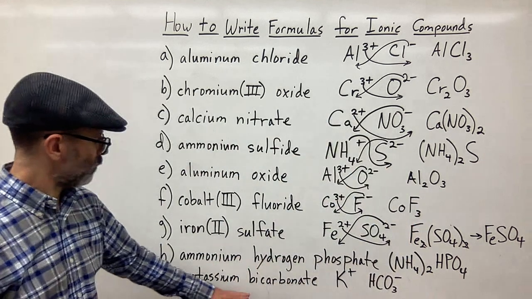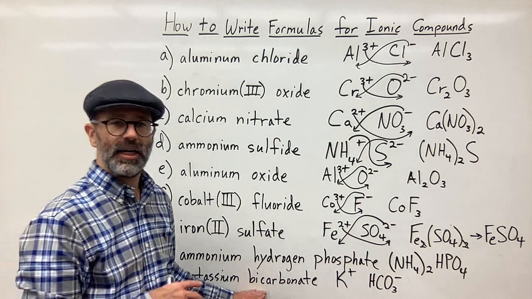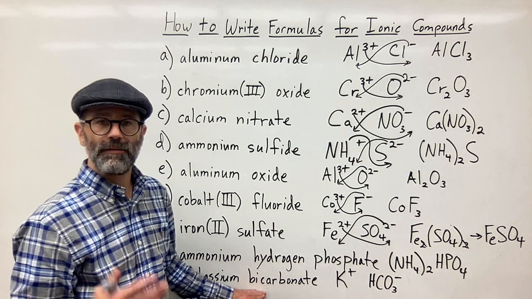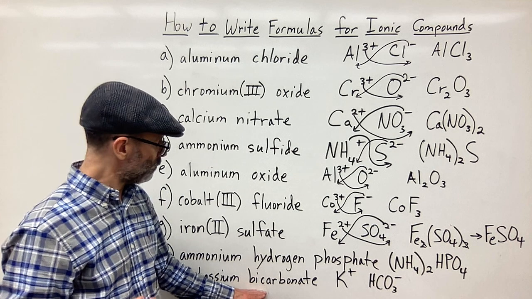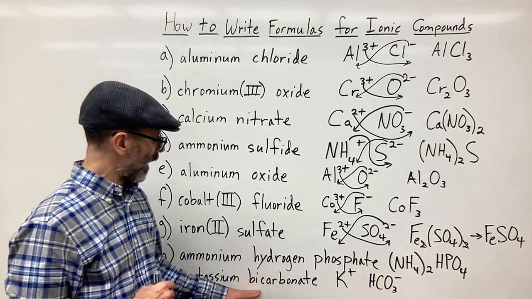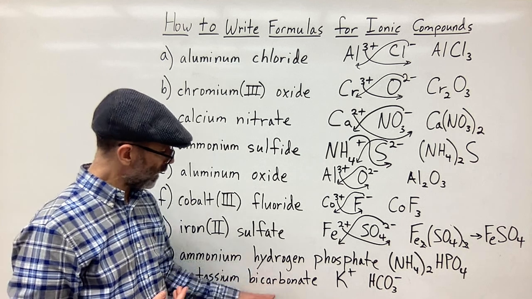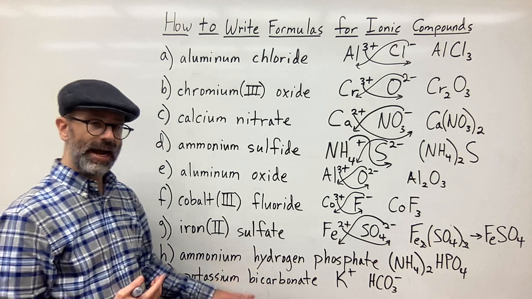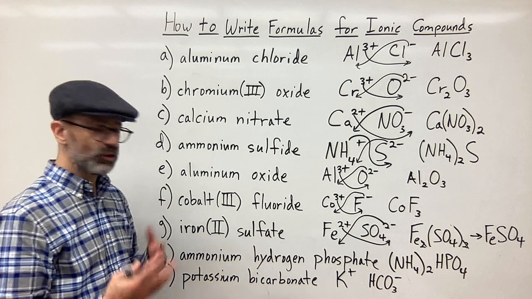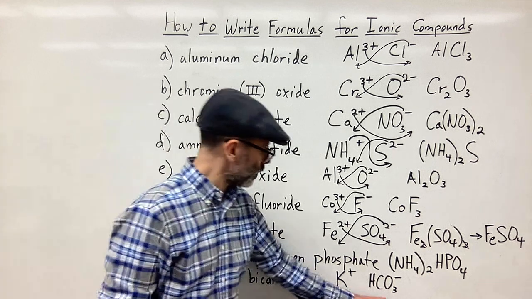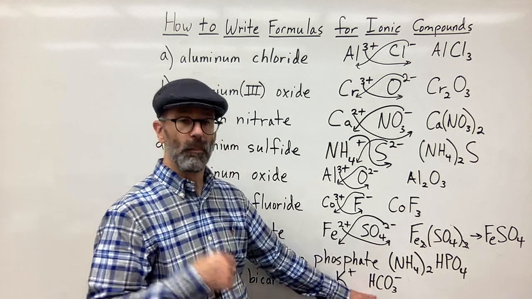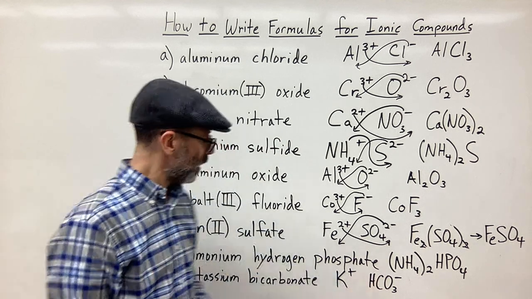I made a mistake with regard to bi. Bi actually goes back to an older way of naming the substance. Bicarbonate indicates that it takes twice as much carbonate for the bicarbonate ion to react with potassium. So you need twice as much. So that's where the bi comes in. So twice as much carbonate.